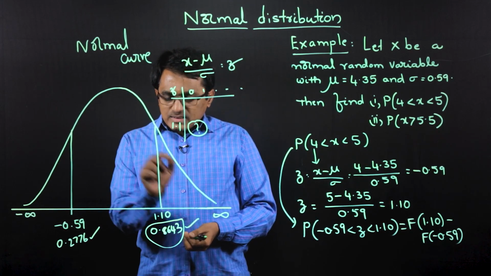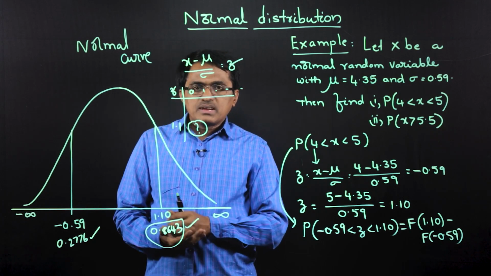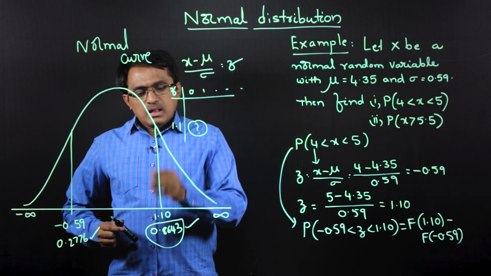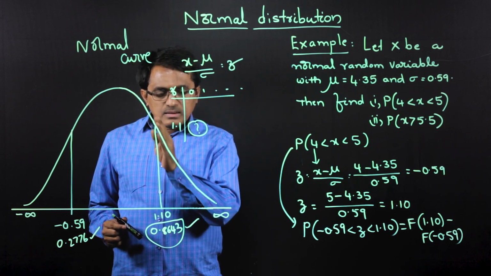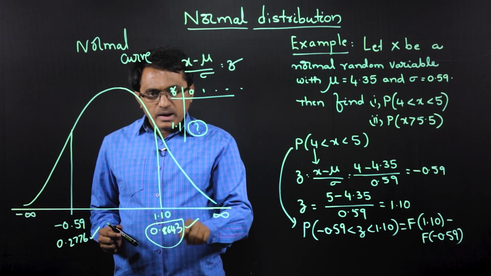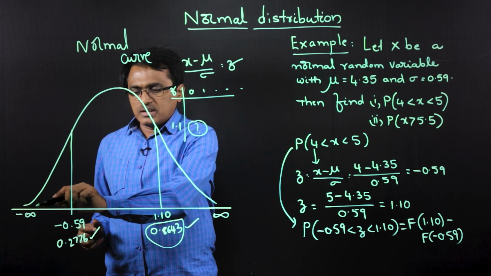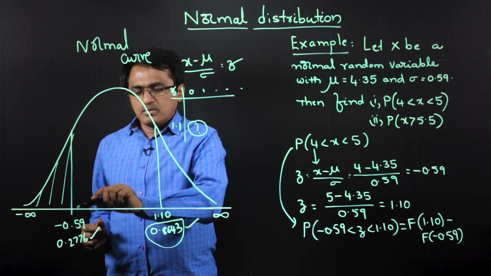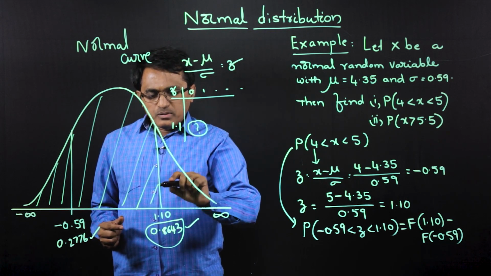Now, extending the discussion, what do 1.10 and 0.8643 stand for? Here, the probability under the curve from minus infinity to 1.10 is 0.86. That means 0.8643 is nothing but the area under the normal curve from minus infinity to the z value 1.10.